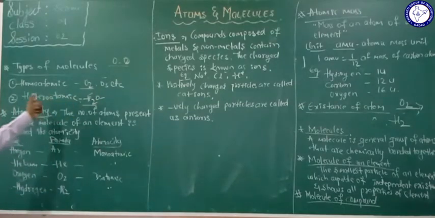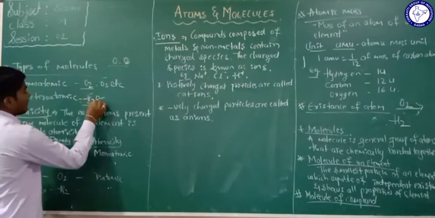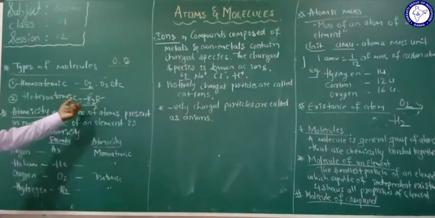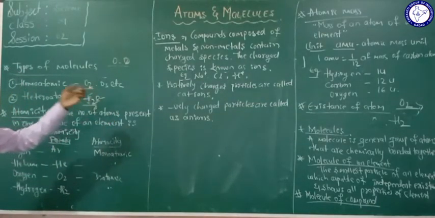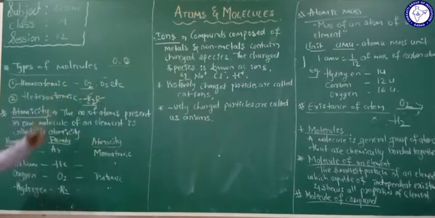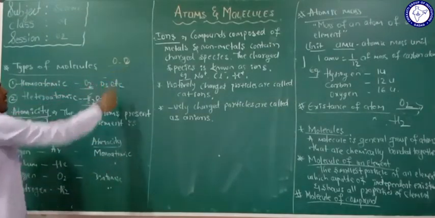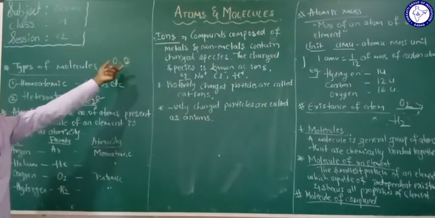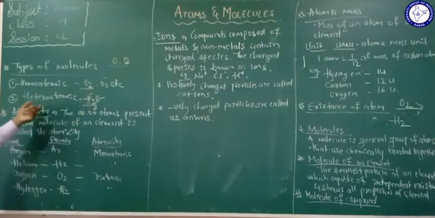It is called a heteroatomic molecule because it contains two types of atoms. Homoatomic molecules contain the same types of atoms, all oxygen atoms, but heteroatomic molecules contain two or more types of atoms.